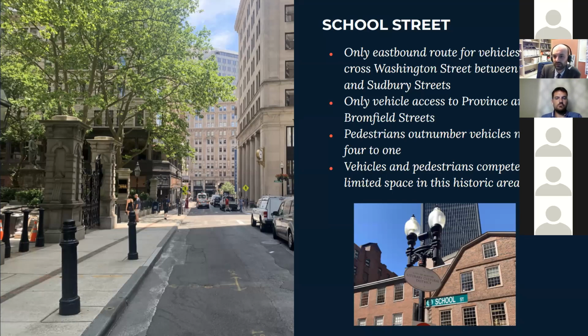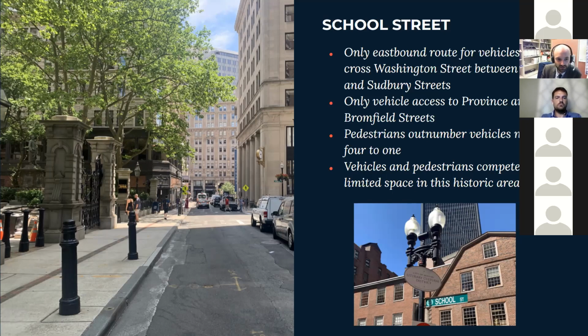It's also the only vehicle access to Province and Bromfield Street. And so we recognize that really important role of School Street as a connection in the vehicular network for downtown, and a place that residents and businesses use to access homes and to get loading.